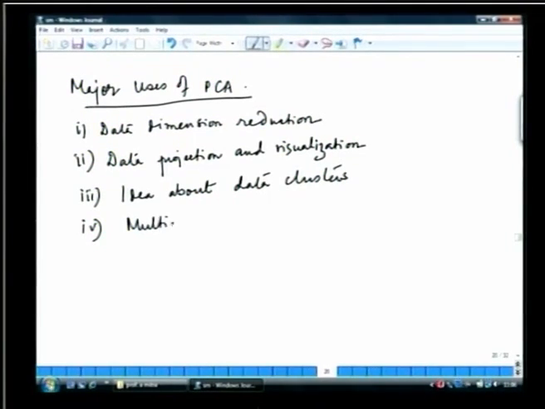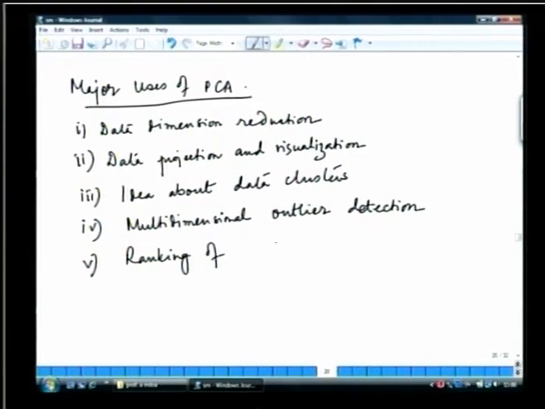So that is multidimensional outlier detection, which also can be done. And fifth, there can be some ranking of the multidimensional data also, ranking of multidimensional data.